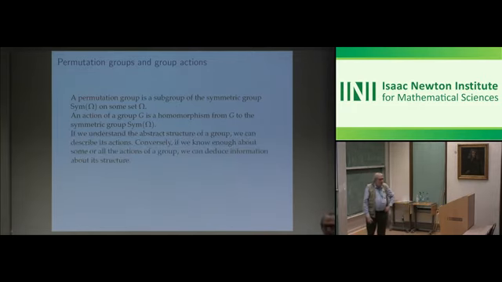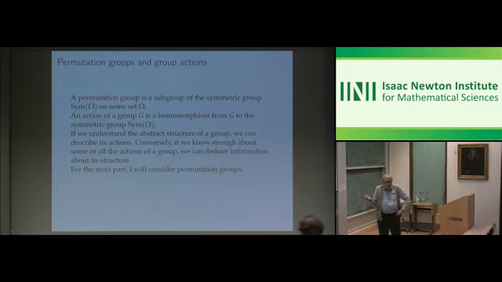And the message is that if we understand the abstract structure of a group, we can describe its actions, and in the other direction, if we know enough about the actions of the group, we can say something about the abstract structure of the group. So, right, permutation groups, that's what I'll be considering.